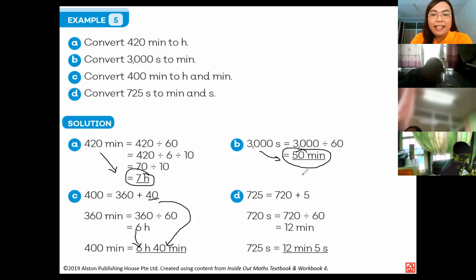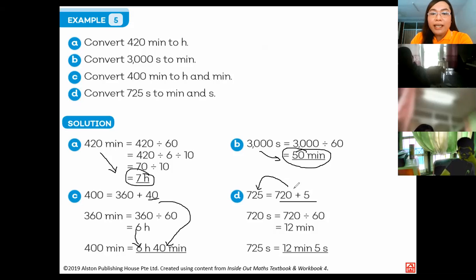Now let's proceed to letter D. 725 seconds, convert to minutes and seconds. So now let's try to find out how many minutes in 725 seconds. We have to find a number that we can divide, 720. So 720 plus 5 is equivalent to 725.